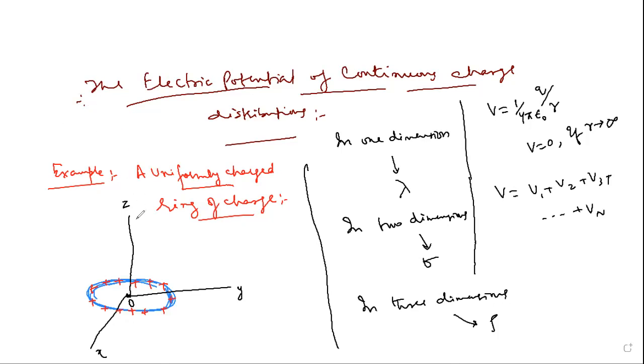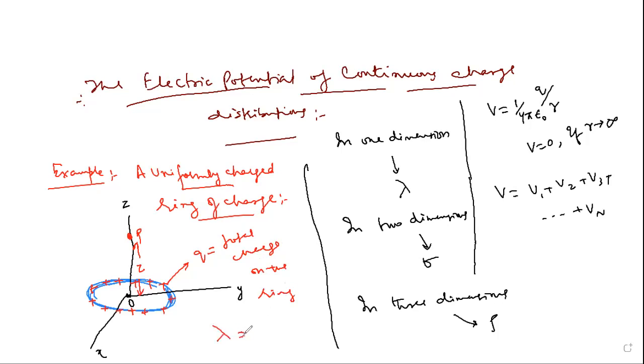Now we select a point P along its central axis, z distance from the center of the ring. Now we want to find the potential at point P. Where is point P located? It is z distance from the plane of the ring along its central axis, right? Let Q be the total charge on the ring.